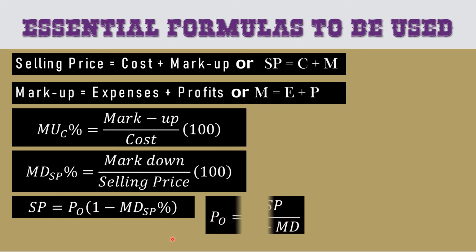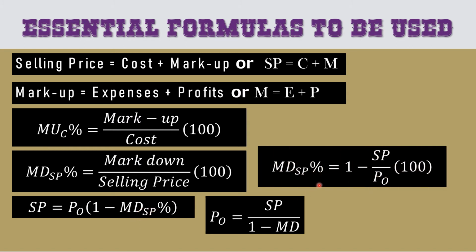And this is the formula: original price is equal to selling price divided by 1 minus markdown rate based on the selling price. Then out from this formula, again, we can also solve for the value of the markdown rate based on the selling price, and the formula is equal to 1 minus selling price divided by original price times 100 to get the percentage.